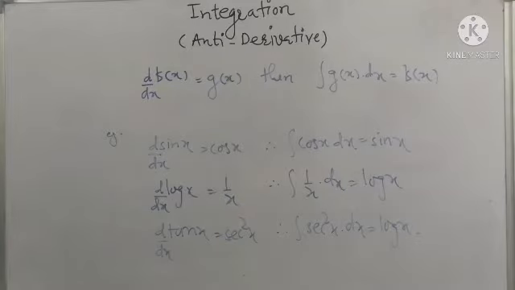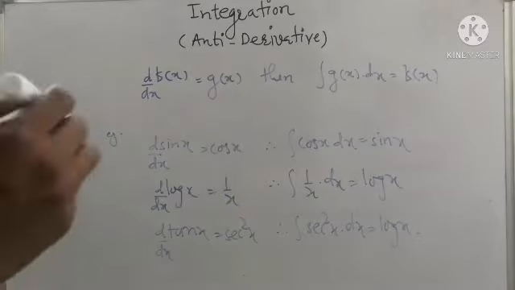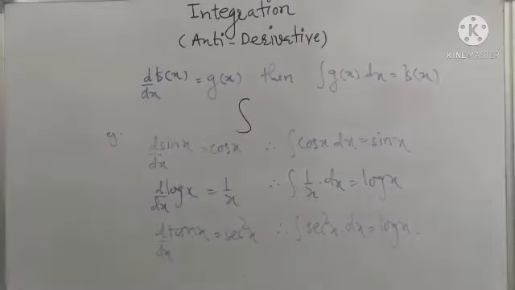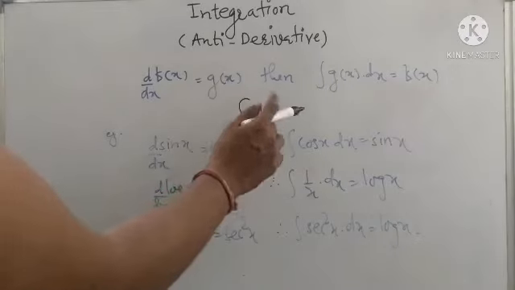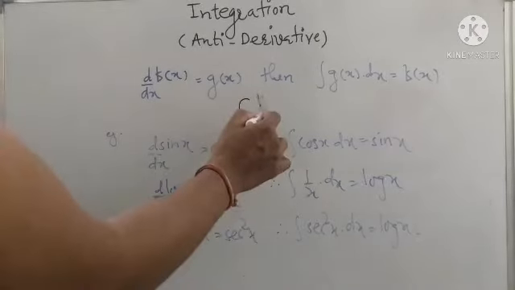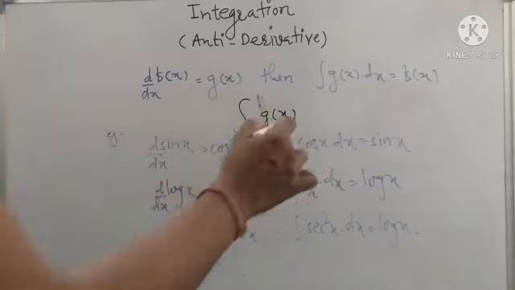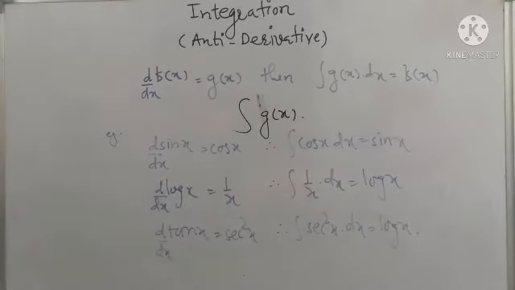Here we write integration with a summation-like symbol. This symbol is called summation. These are functions of x, so we put the function of x here, g of x. As integration is a reverse process of derivative, in derivative the change in function is called derivative, so we have to make a change in variable.